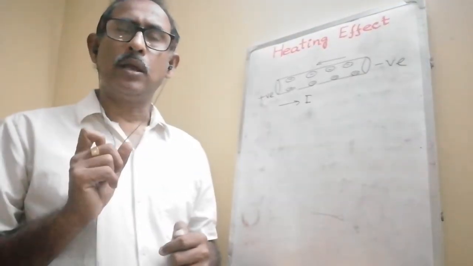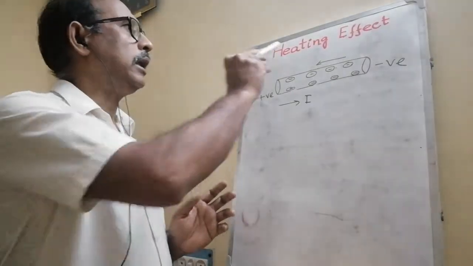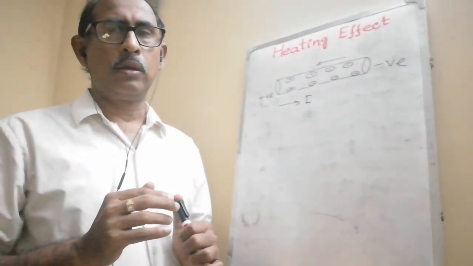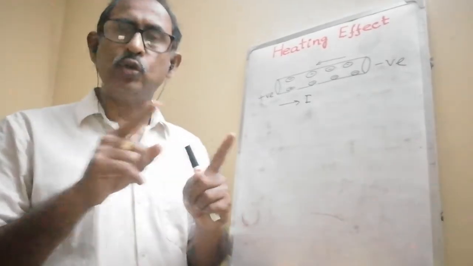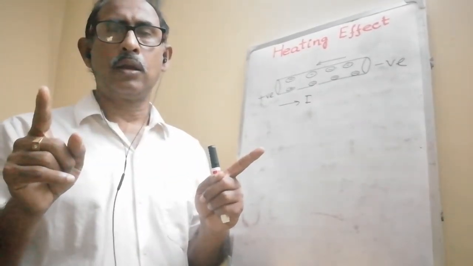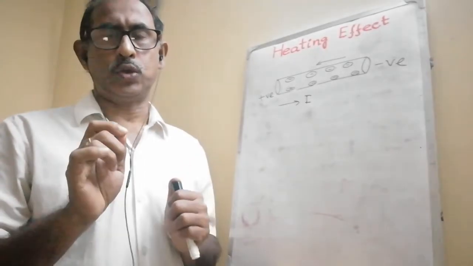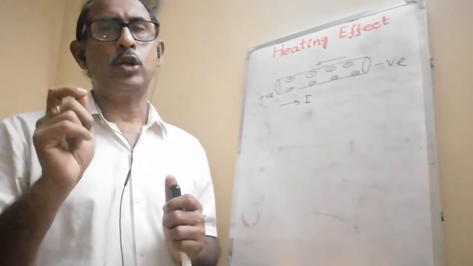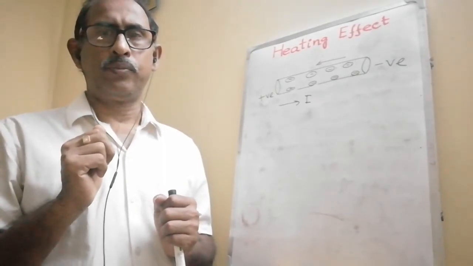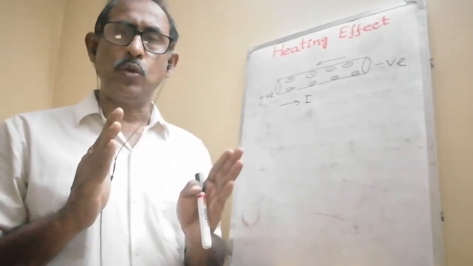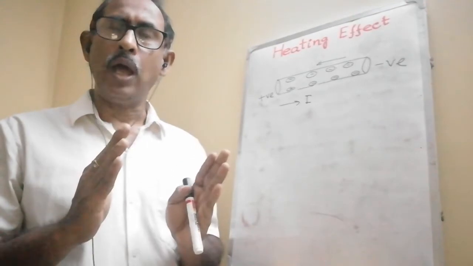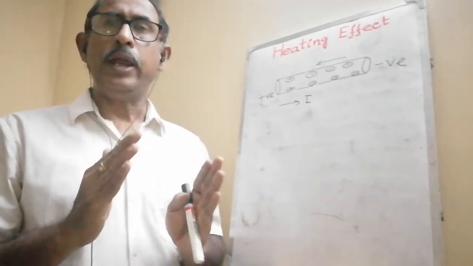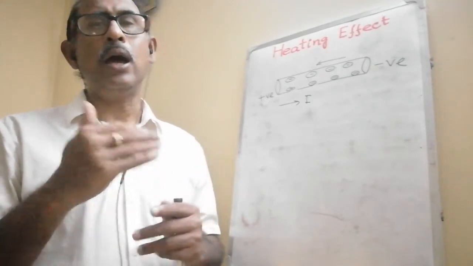This phenomenon is known as the heating effect of current. That means when current flows through the conductor, heat is produced in the conductor, and this heat is produced due to the work done by the free electrons against the resistance.